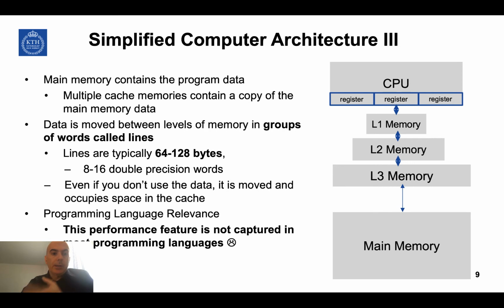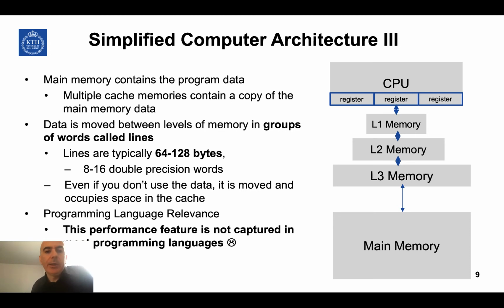So let's include the impact of the cache lines on our performance modeling. The data is moved between different levels of the memory in groups of words called cache lines.